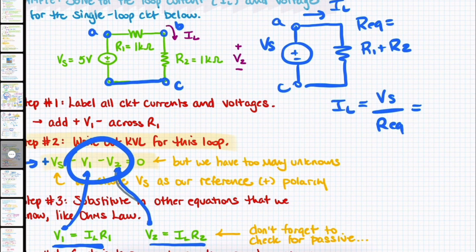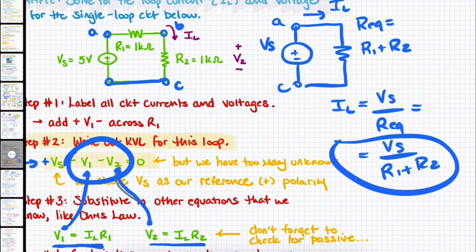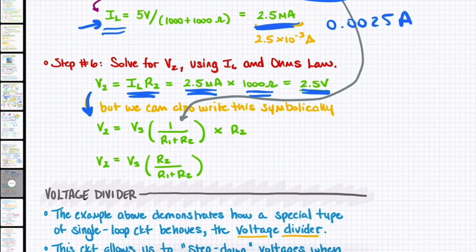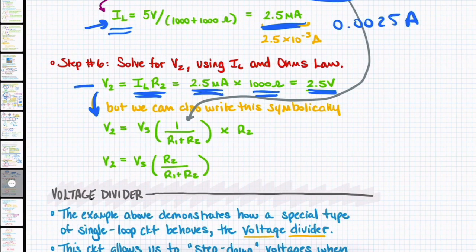So what we end up with is Vs over R1 plus R2 for IL. Now if we take this symbolic value and we plug it into this equation right here, we replace IL with Vs over R1 plus R2, and the R2 stays where it is.